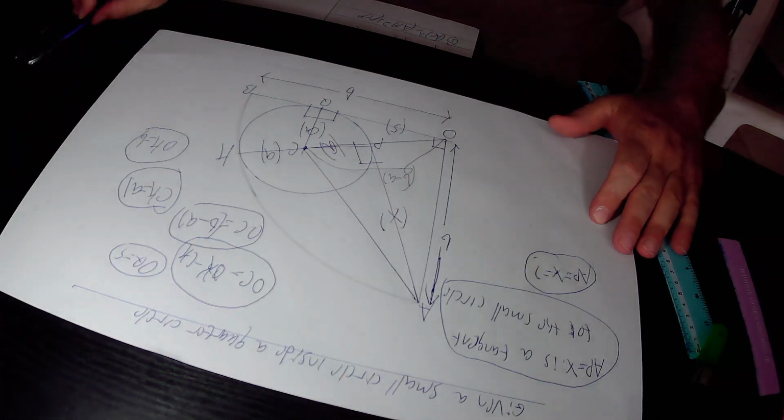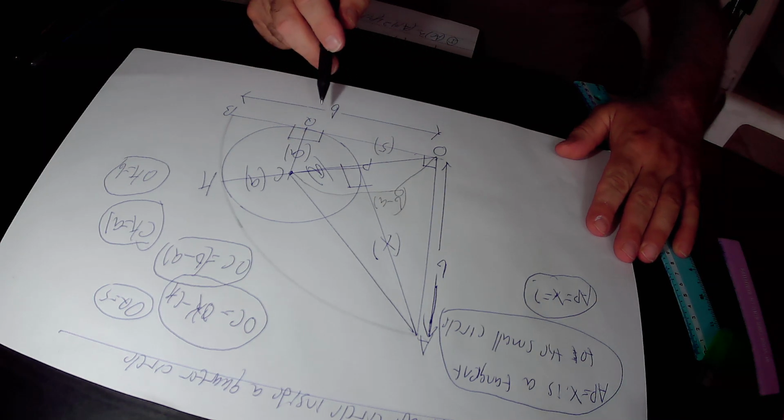In the next step, I'll copy the right triangle OCQ. This is the right triangle OCQ in the Olympiad.